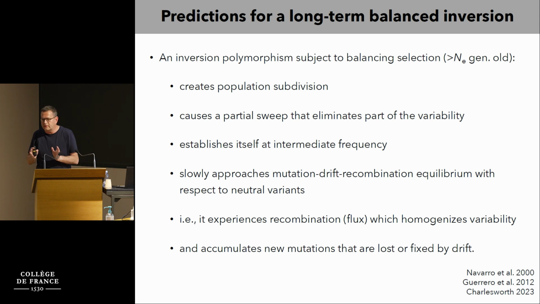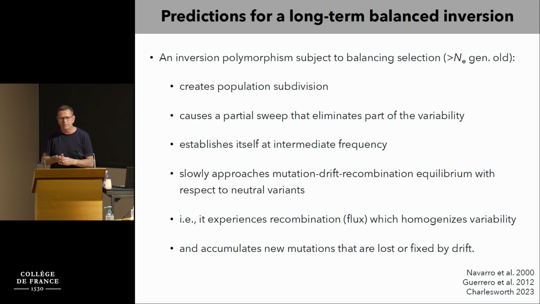So what does theory actually tell us in terms of predictions for a long-term balanced inversion polymorphism? An inversion polymorphism subject to balancing selection is expected to create population subdivision into inverted and standard chromosomes. It causes a partial selective sweep that eliminates part of the variability. It is then expected to establish itself at some intermediate frequency.